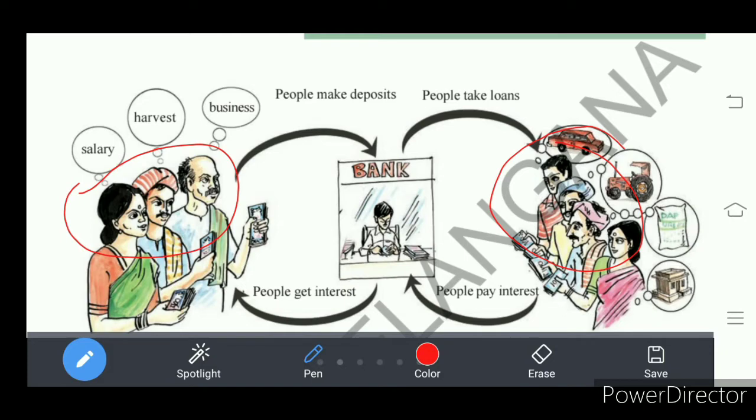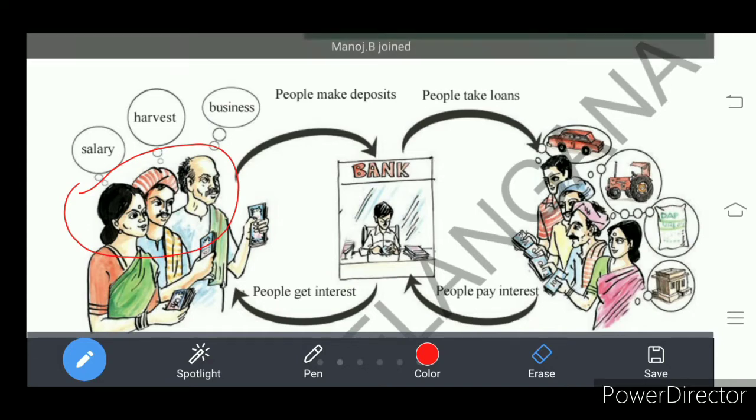So in this way, we see the bank acts as a mediator between depositors and borrowers, right? And here we see there are many economic activities. The bank extends loans for the borrowers.